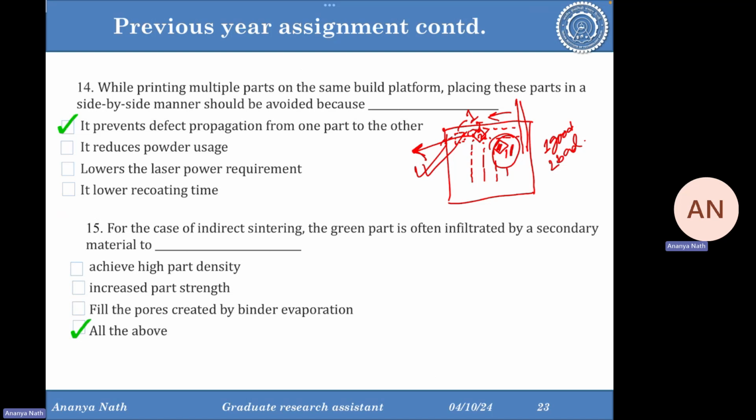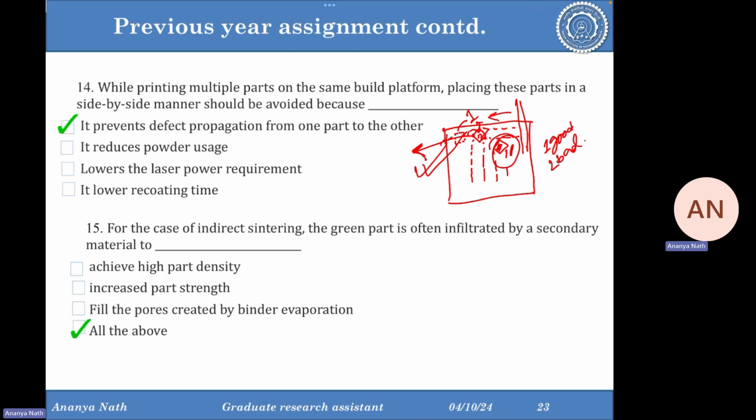But if you place one part after each other, you can stop the part, but before you notice, before you stop, that bad part can rupture the recoater blade at that point.